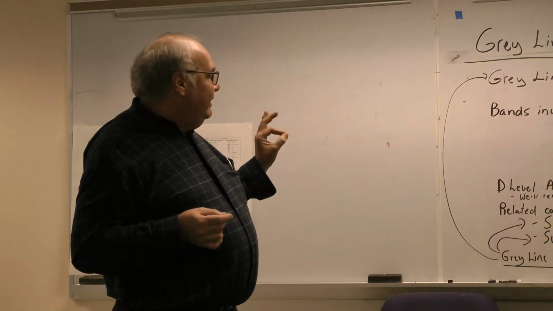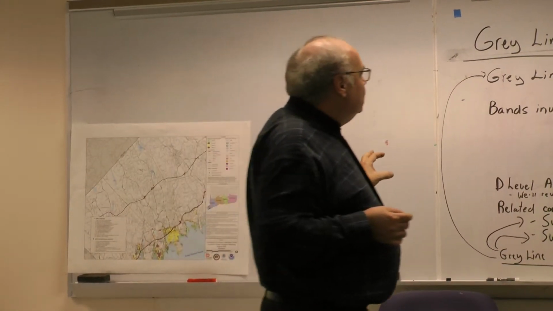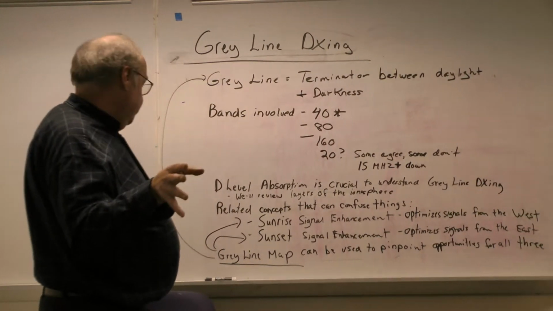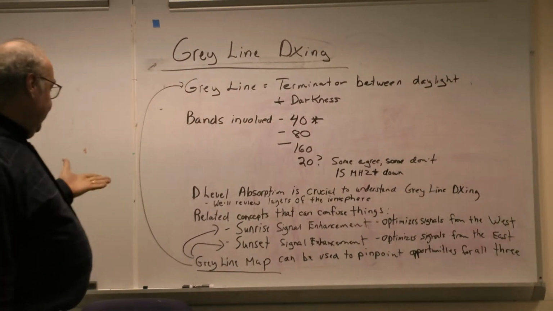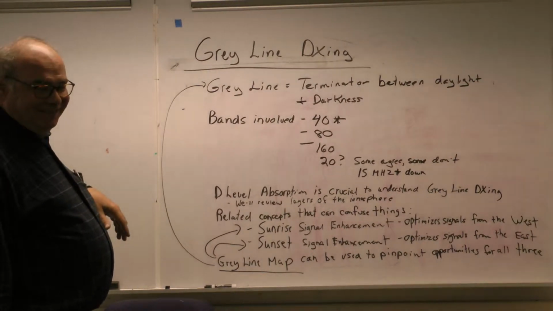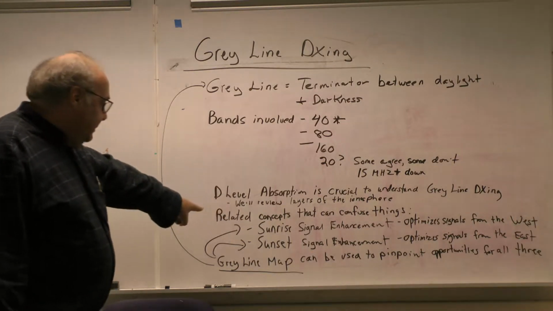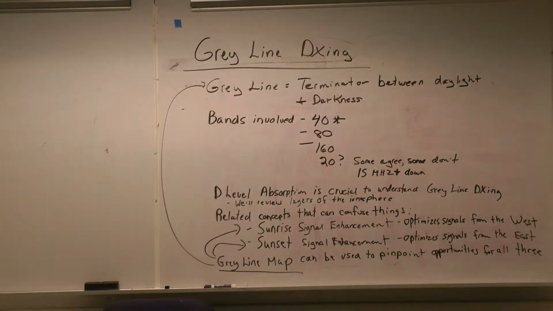The one thing about gray line DXing that's very interesting, though, is a lot of people confuse the whole concept of gray line DXing with two related scenarios: sunrise signal enhancement and sunset signal enhancement. To a lot of people, what that terminology describes is the phenomenon that they think is actually gray line DXing. It really isn't.